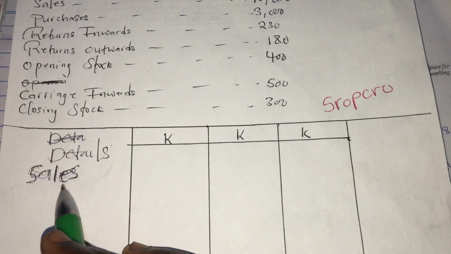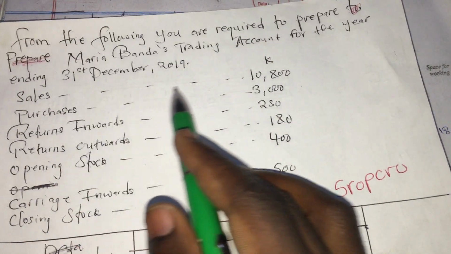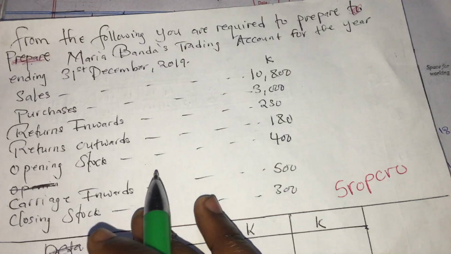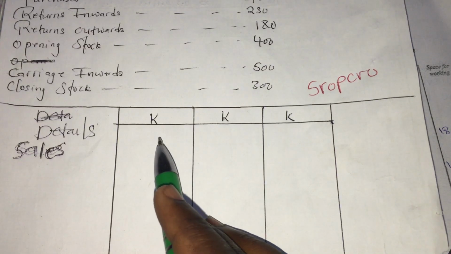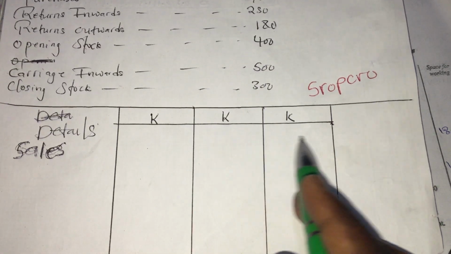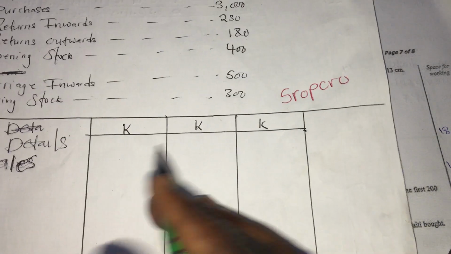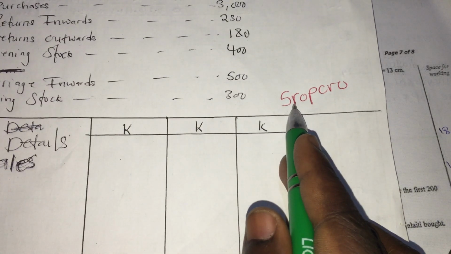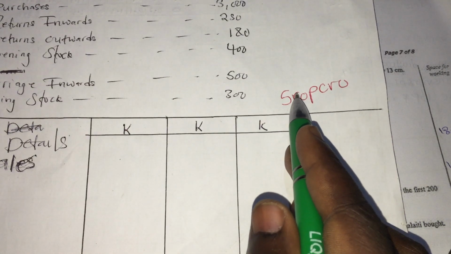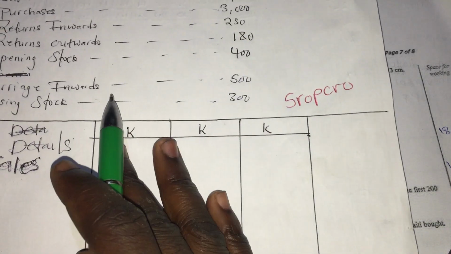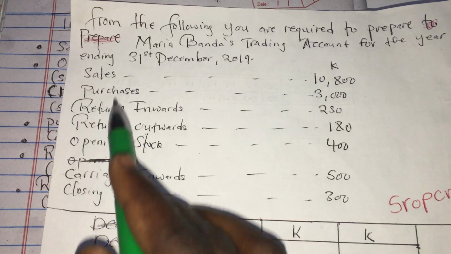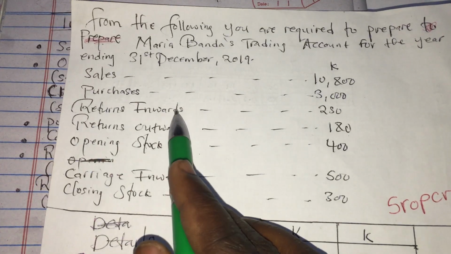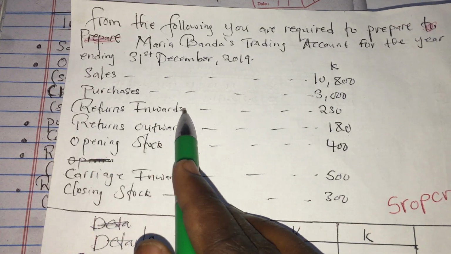This is sales. So how much sales? It's 10,800. You have seen. So you have to check. We do have 3 boxes here. 1, 2, and 3. So you have to check. After sales, we have what? Returns inwards. So this R stands for returns inwards. Sales is always available. So do we have returns inwards? So remember, returns inwards is also called what?